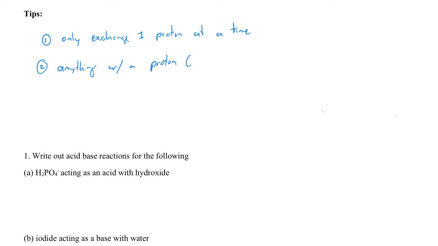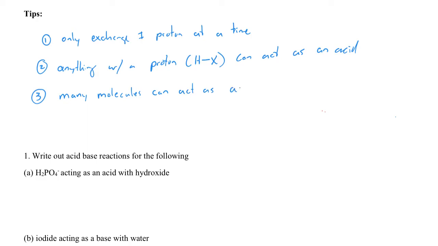The second tip is really anything with a proton can act as an acid. So H2O or HNO3, we really can include anything with one of those hydrogen atoms attached to it. And the third tip is that many molecules can act as both acids or as bases, depending on the situation.